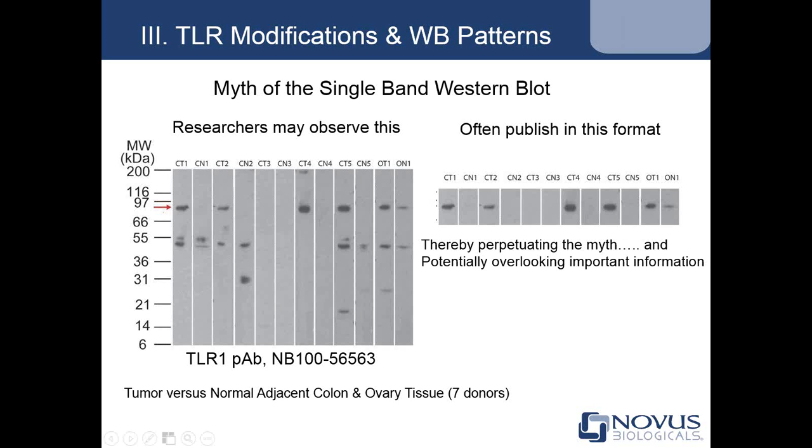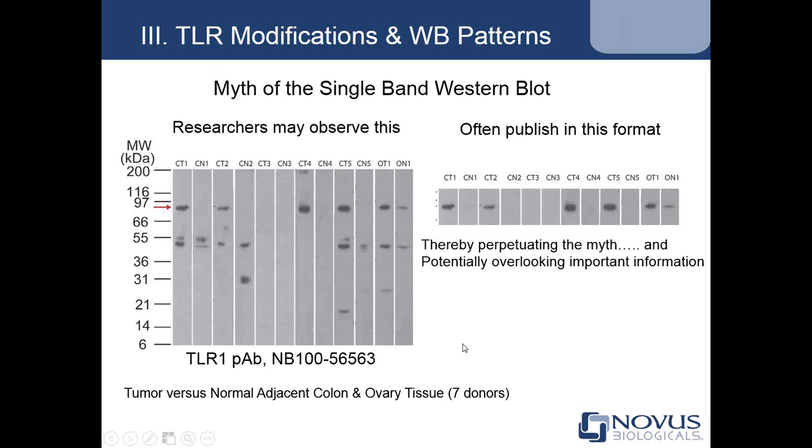And when we look at Western blots, and I'm sure most of you who do Western blots know this, if you look at the entire blot, you can often see many, many bands. However, what people do is they cut out a little section of their blot and they publish like this, and they show only one band, and that really perpetuates the myth that a given protein is identified as a single band at a particular molecular weight on a Western blot.